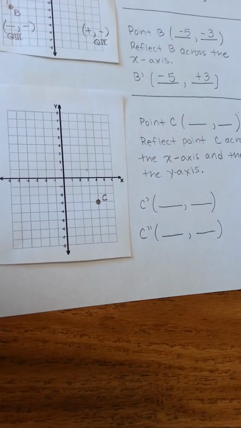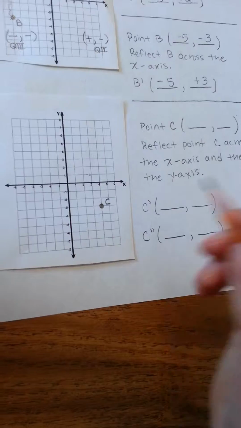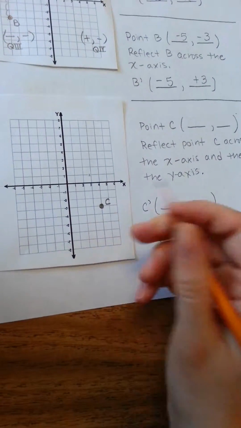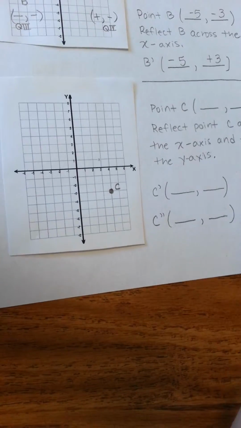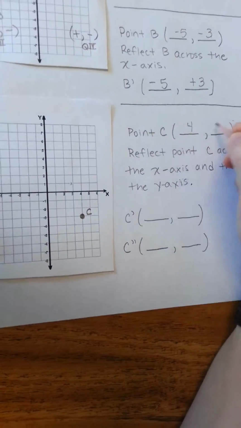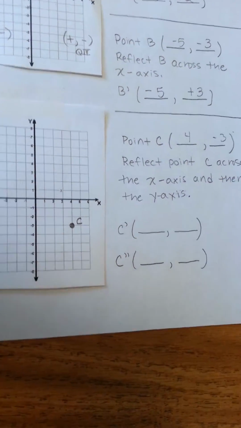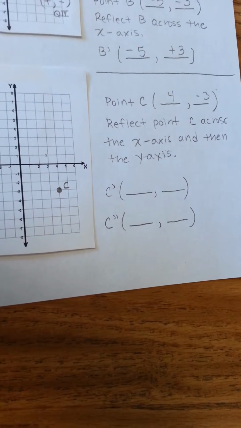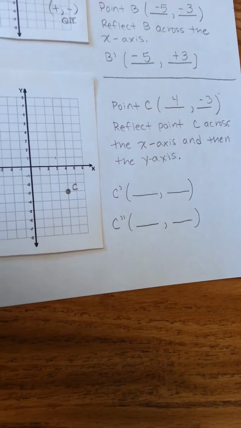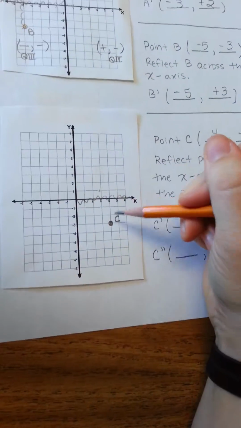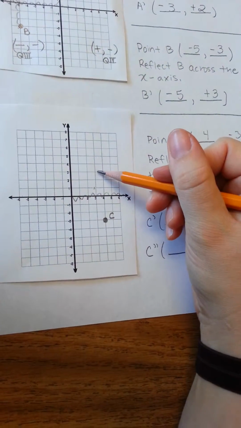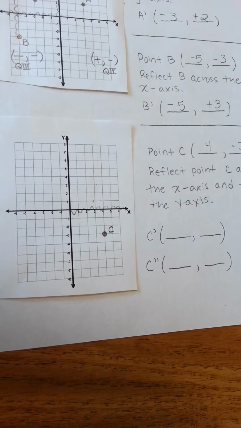Let's start by writing down where C is located. C is located at 4, negative 3. Okay, now I'm going to first reflect across the x-axis. Here's my x-axis. That means if he hops over, he ends up in quadrant 1.